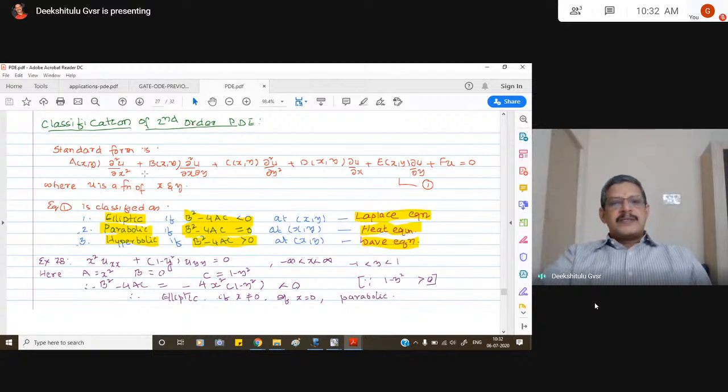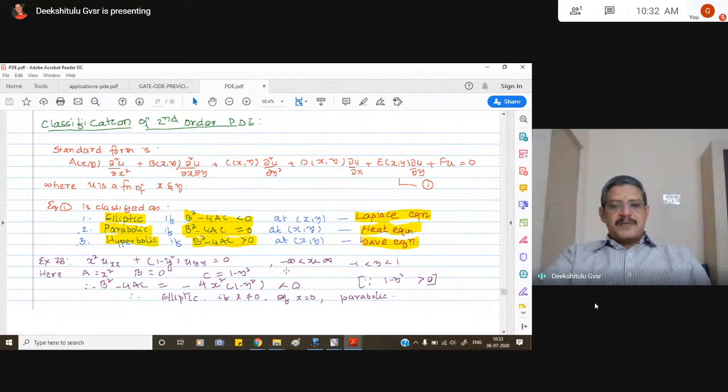Then this standard partial differential equation is classified into three categories. If b² − 4ac is less than 0, we call it elliptic type. If b² − 4ac is equal to 0, this is called parabolic type. And if b² − 4ac is greater than 0, hyperbolic type.